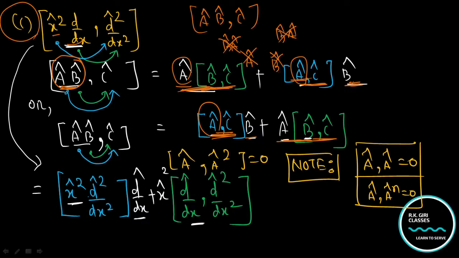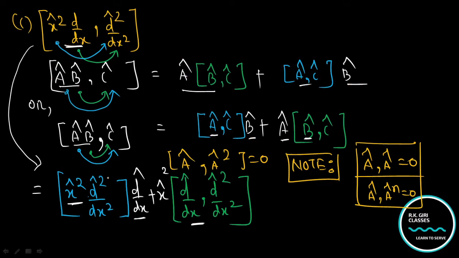Clear this point? Now coming to the next point, you have to operate this one, that is x squared with d squared by dx squared, and d/dx with x squared. Now the combo will be x squared and d/dx.